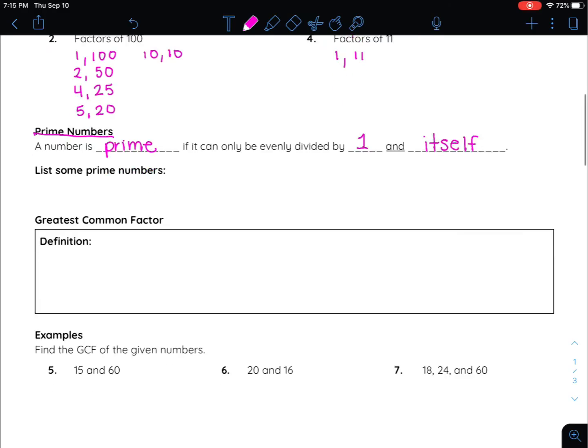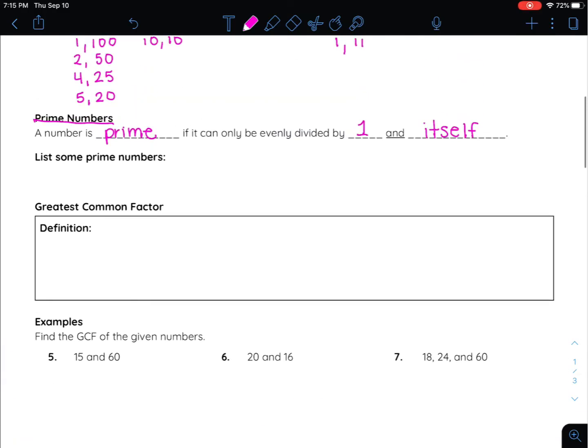So we can do, let's see, 2 is a prime number because it's 1 times 2. 3 is 1 times 3. 4 won't work. 5 works. 7 works. I'm going to skip a few. 13. 29. And we could just kind of keep going. There's lots of options here. So maybe 53. And then, you can list more.